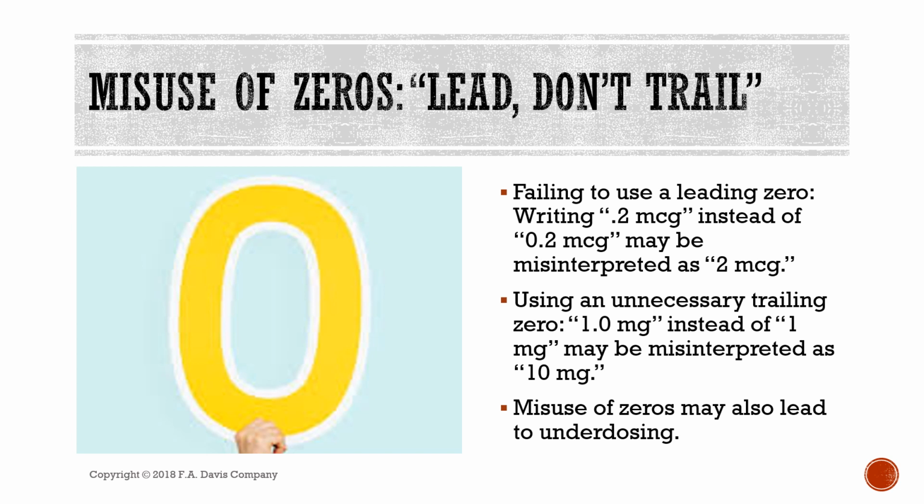So you always want to lead with that zero. Or using an unnecessary trailing zero, for example, 1.0 milligrams instead of 1 milligram may be misinterpreted as 10 milligrams. So that could cause overdosing your patient. Misuse of zeros, again, could lead to underdosing or overdosing.